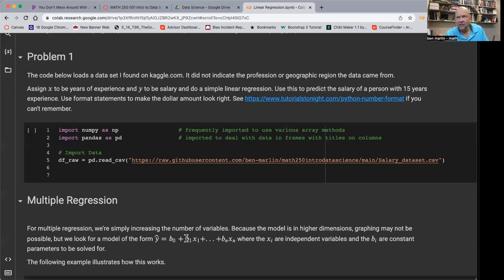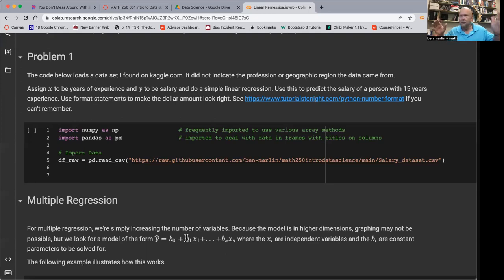So say you have read df raw in there, you can say x equals np.array parentheses, df raw square brackets and then the tick marks and whatever the name of the column is for the years experience. Say it's years.